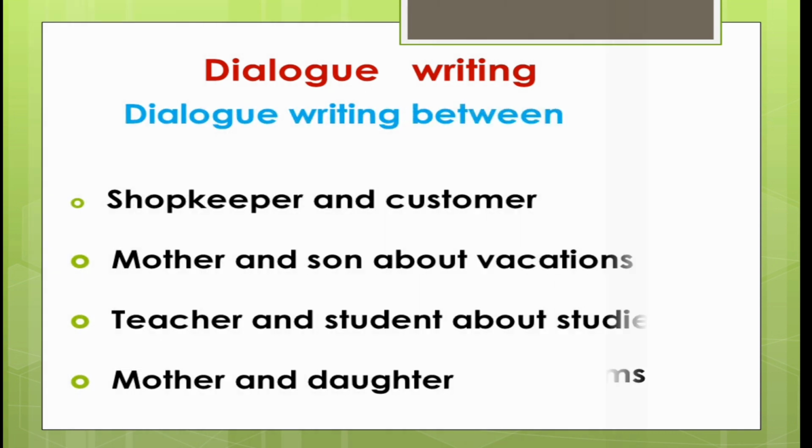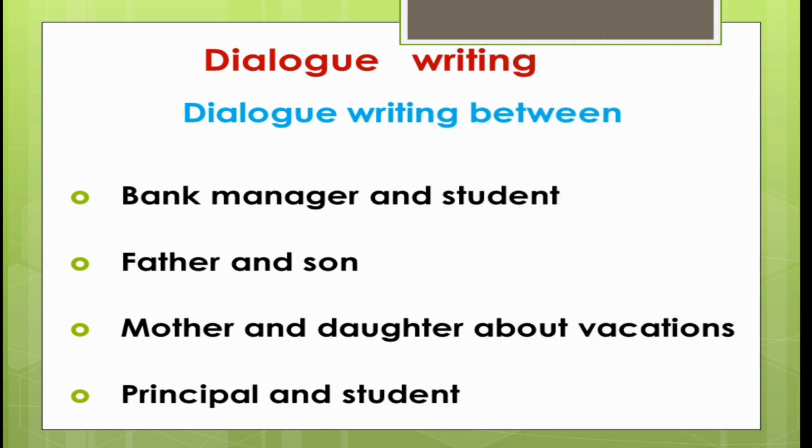At the same time, you may find questions like shopkeeper and customer, or mother and son about vacations, teachers and students about studies, mother and daughter. You can also get bank manager and a student, father and son, mother and daughter about vacation, principal and students. In this way, you will find different types of persons with whom you have to continue your conversation.